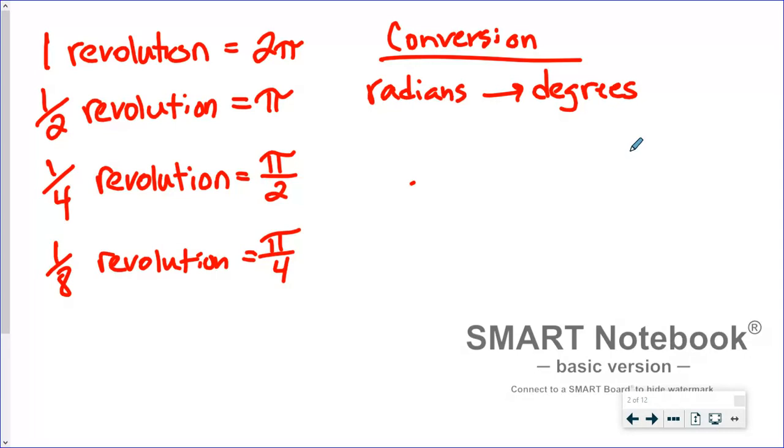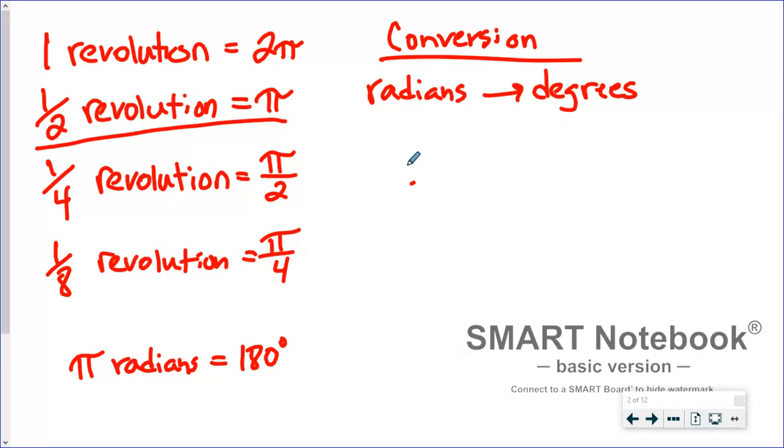You have to have some sort of standardization between the two units. The easiest one to use here is this one. If a full circle is 360 degrees, what is half of a circle? 180. So we know that pi radians is equal to 180 degrees.